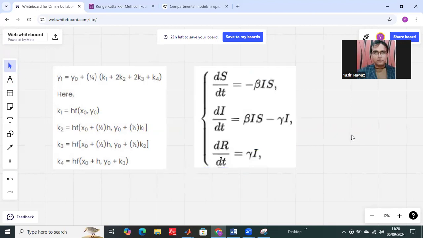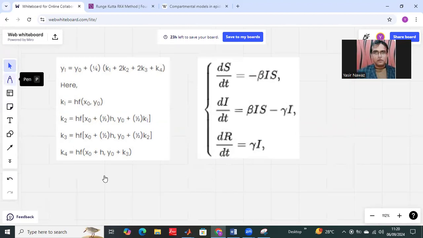I will discretize all the equations using the fourth order Runge-Kutta. I apply the first stage, K1. For K1, suppose it is K11. K11 can be written as H, the step length, times a function of x naught, y naught.